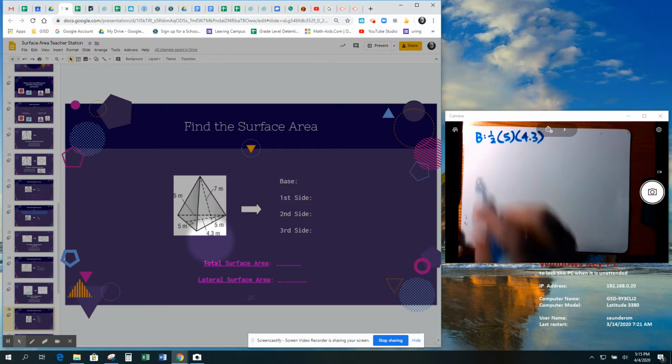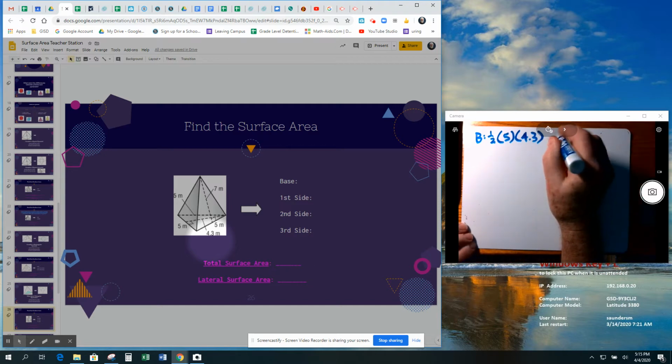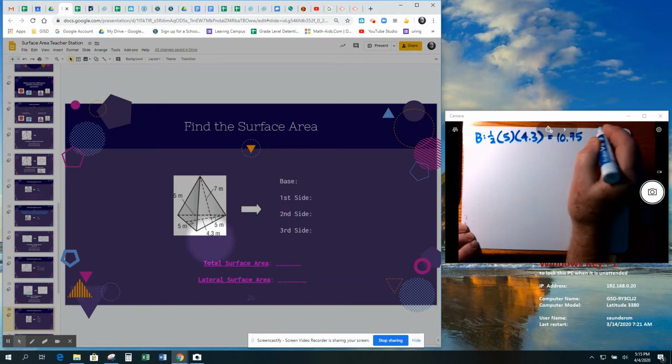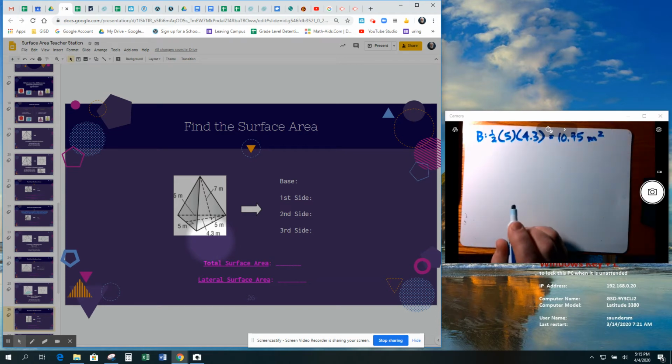Okay, so 5 times 4.3 would be 21.5. Divided by 2 would be 10.75 meters squared. You can check me on your calculator if you want to do that.